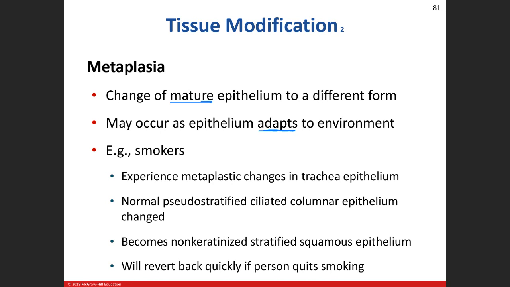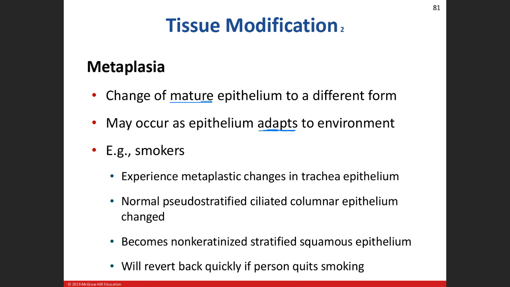So we go from a one layer, ciliated, tall cell epithelium to a multi-layered, flattened, non-ciliated epithelium. It's pretty crazy.